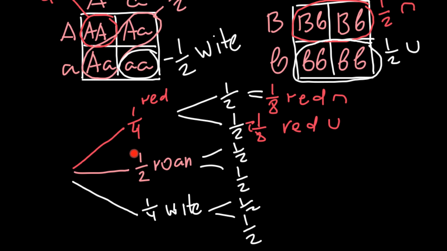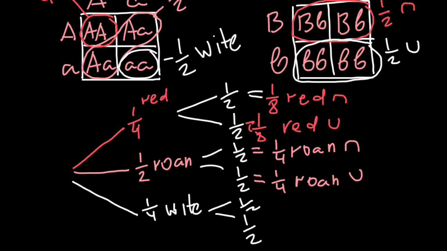We also expect that 1/2 multiplied by 1/2 would give us 1/4 of the progeny that would be roan and hornless, and 1/4 would be roan and horned.